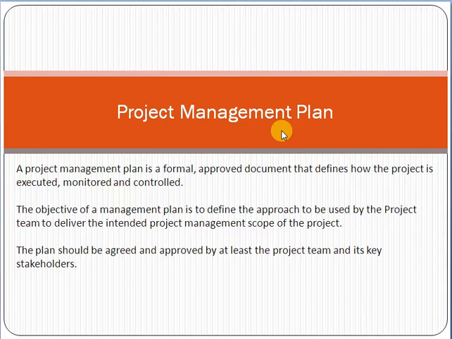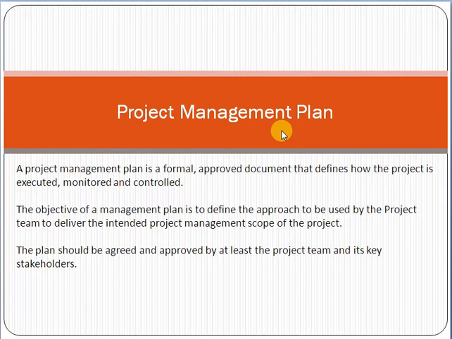So the project management plan means the approach, a plan, which tells you how you will manage the project.